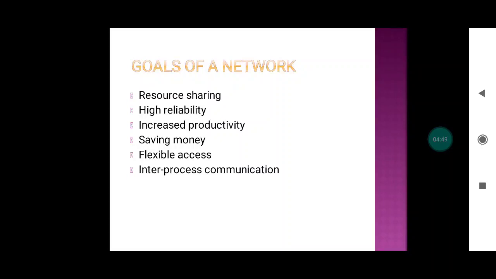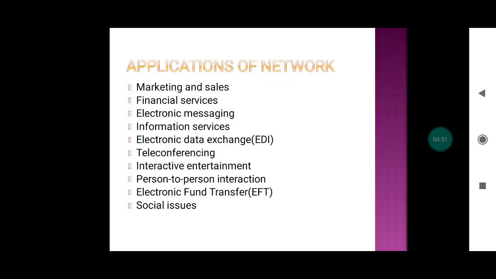entity. So let us now talk about the applications of network. Basically, a network serves multiple applications in various domains. In marketing and sales, of course, we have online shopping and online advertisements, very popular nowadays, with websites wherein we can shop online, enabled by the network.